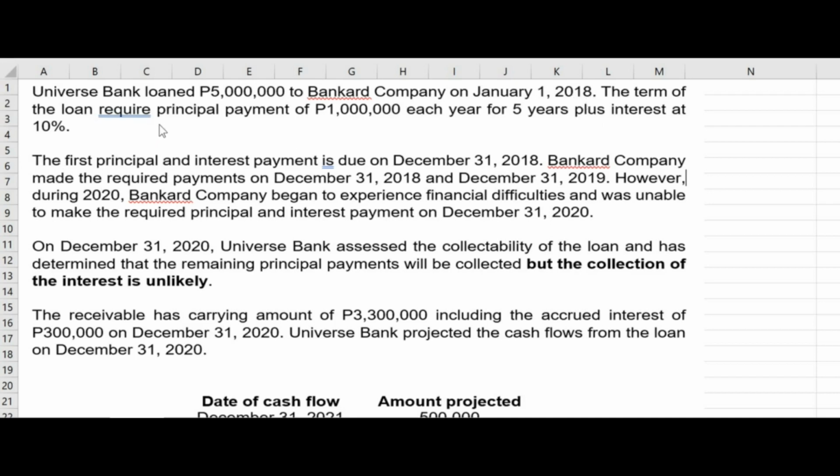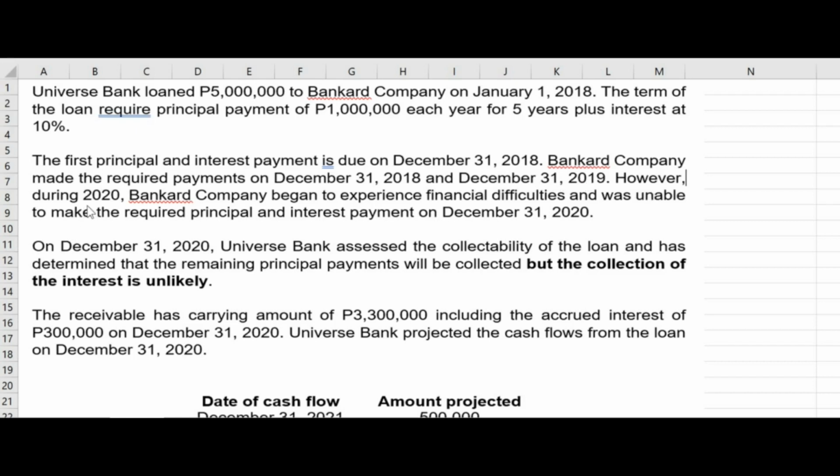The term of the loan requires a principal payment of 1 million each year for 5 years plus interest at 10%. The first principal and interest payment is due on December 31, 2018. Bank Card Company made the required payments on December 31, 2018 and December 31, 2019.